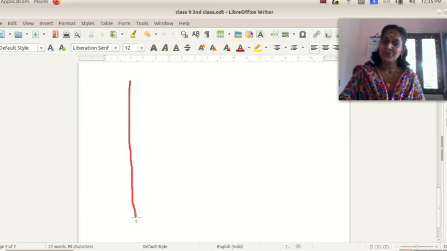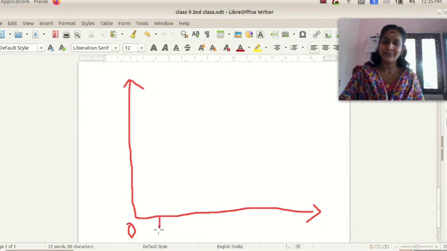You should write like this on the right side of the graph. Time is taken as 1. So we should mark the 1 here, and we should plot 2 here, and then 3, and then 4.